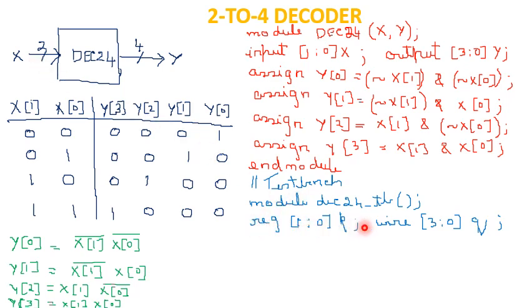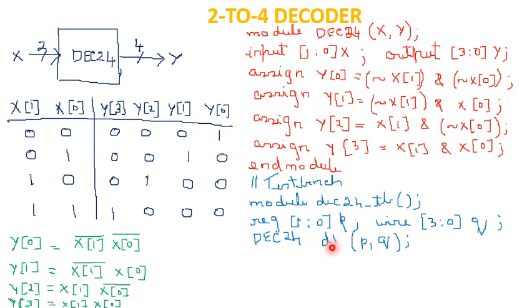The 2-bit signal I have named P, and the output is a 4-bit signal, so that should be declared as wire. I have taken wire Q as a 4-bit signal. In the instantiation line, you should be very careful. The name of the module is decoder DEC24 in uppercase, so the same thing should be written here.